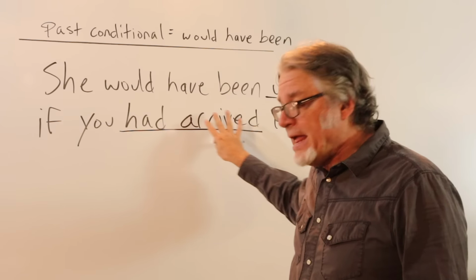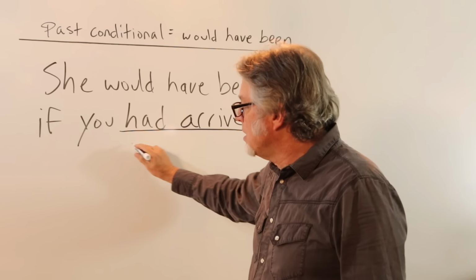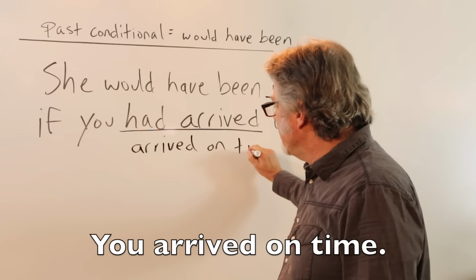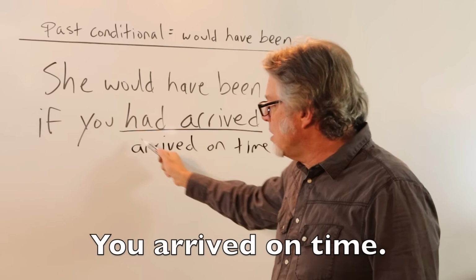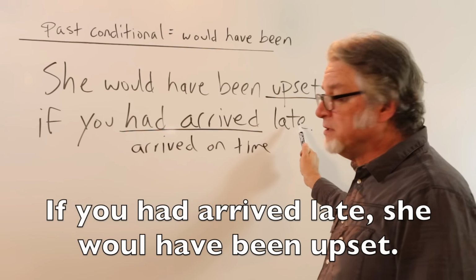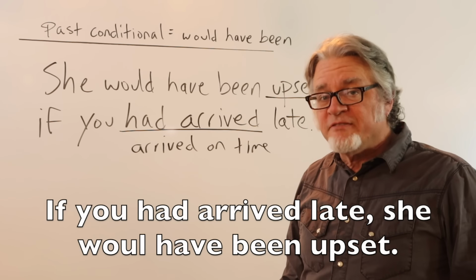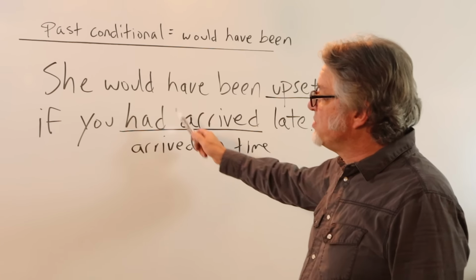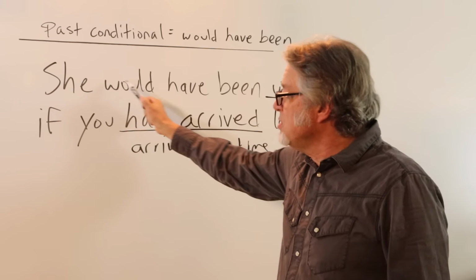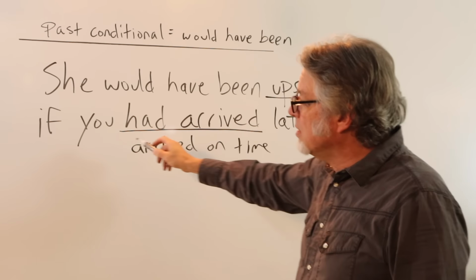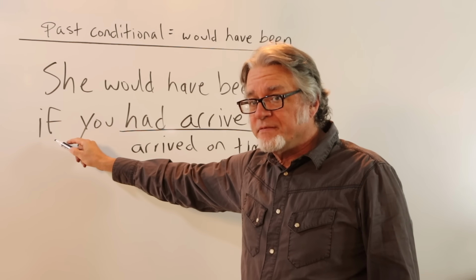This did not happen. You arrived on time. But if you had arrived late, she would have been upset. Notice that the sentence can begin with "she would have been," and then this adjective, or begin with "if."